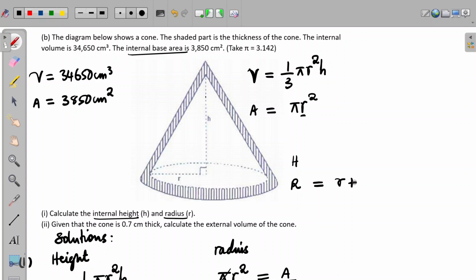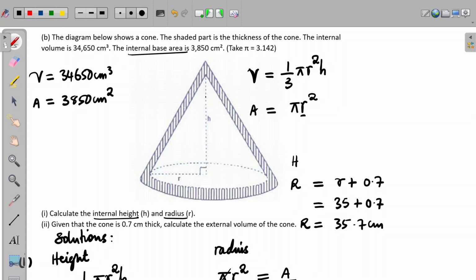We'll just add the thickness, which is 0.7. Now remember, radius has been found to be 35. So 35 plus 0.7 will give us 35.7 centimeters. That will be our radius.